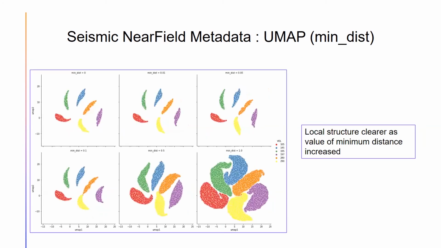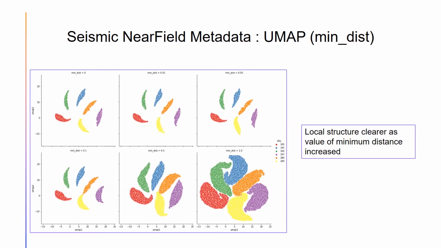And when you extend further to getting the local structure, if you choose a minimum distance of 1, and that 1 is just a unit in whatever Euclidean space you're in in higher dimensions, you can get your groups to be clumped very close together. And as you decrease that unit distance, you can separate your data, but still get an understanding of the local structure.